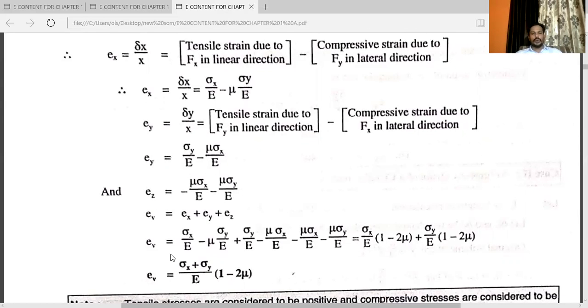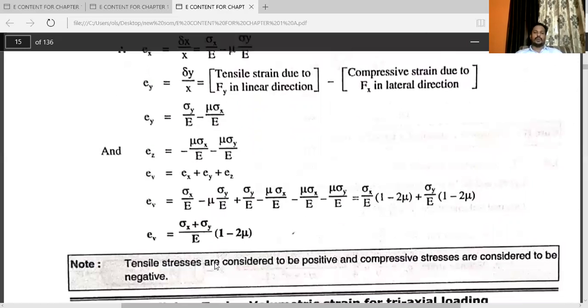You just have to put all the values in place of Ex, Ey and Ez. When you put all the values in this equation and simplify, you will get Ev is equal to sigma x plus sigma y upon E in bracket 1 minus 2 mu. That is for the biaxial condition.